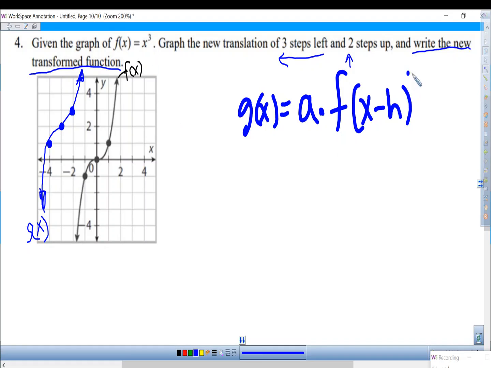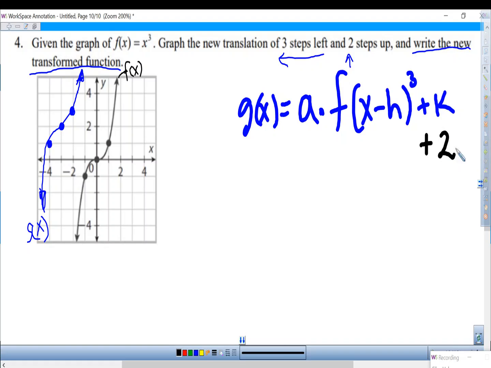So we put a little cube right here, plus k. All right, so according to the steps that they tell us, look up, 2 steps up. Where does that go? Tell your neighbor, please. Which parameter do I use, a, h, or k for 2 steps up, everyone? K, exactly. So we put positive 2 for k. That is correct.